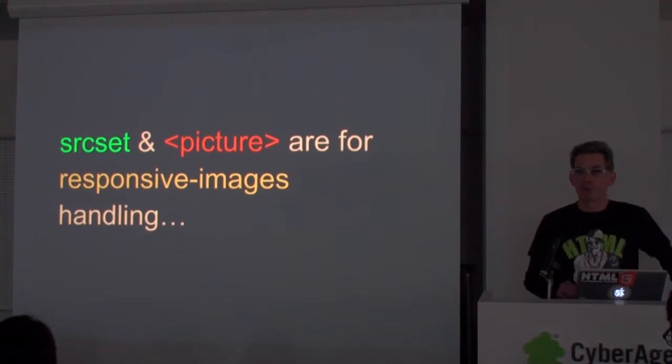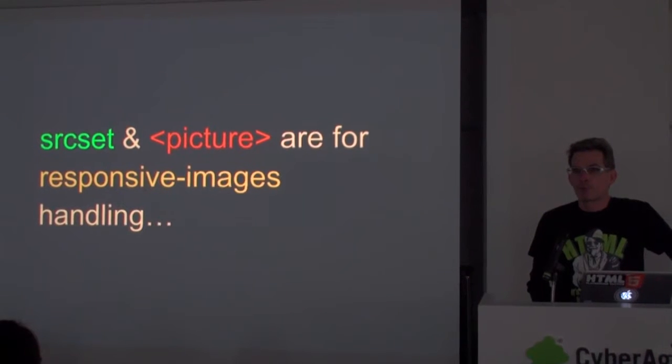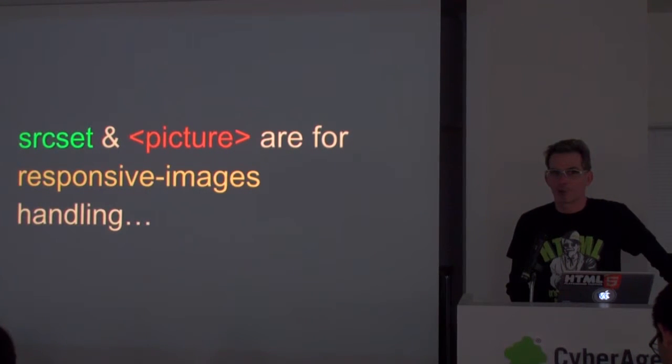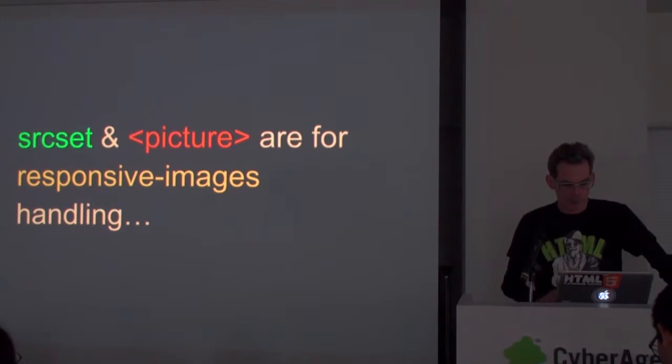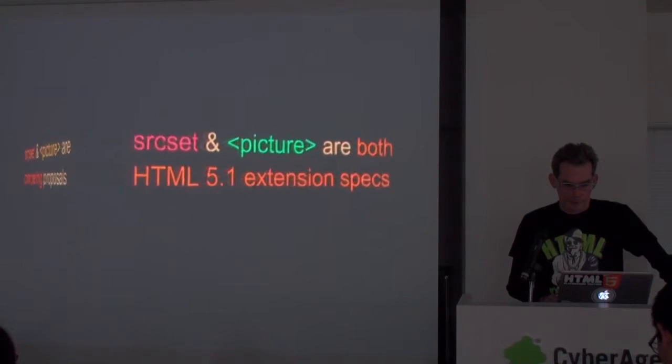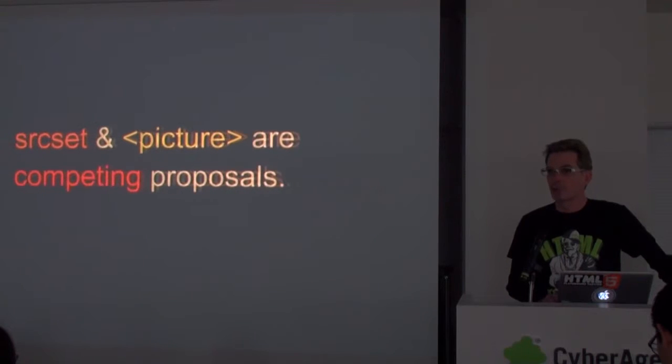Okay, I'll just say briefly. These are two new proposals for HTML 5.1 for responsive images. They are basically competing with each other. One is for a new attribute, and one is for a new element.